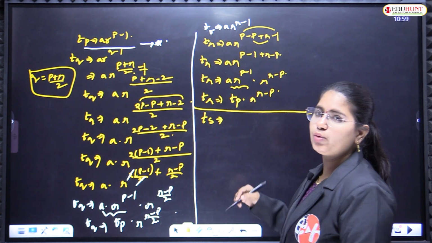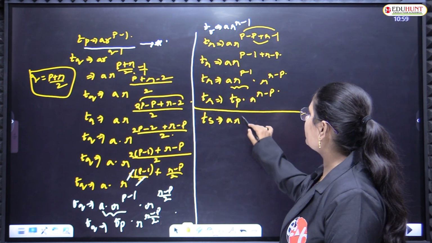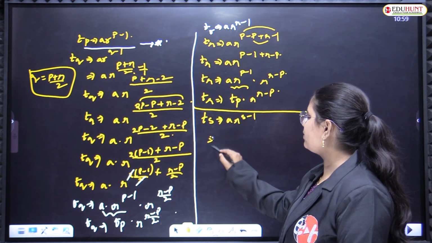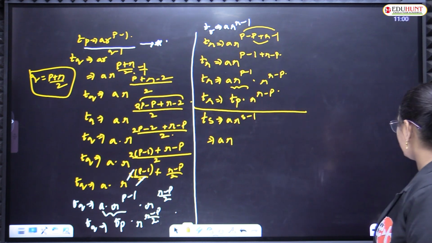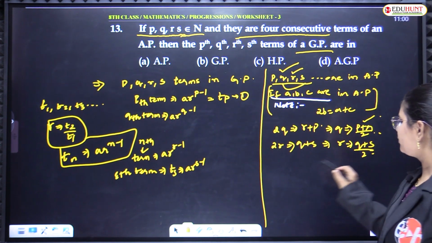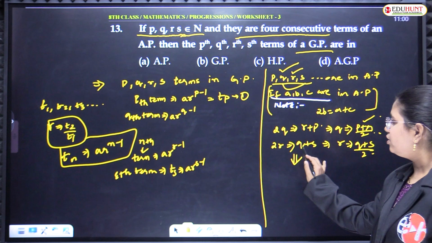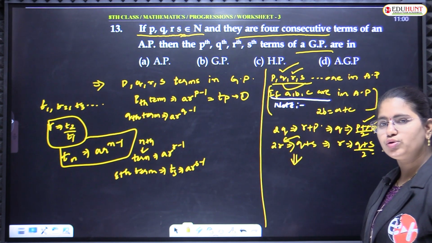So how do you express TS? Already we have written A R to the power S minus 1. Right? A R to the power S minus 1. So what is S from the above equation? Tell me. S is nothing but, if 2R is equal to Q plus R, and you want to find the value of S, just transfer Q to that side.